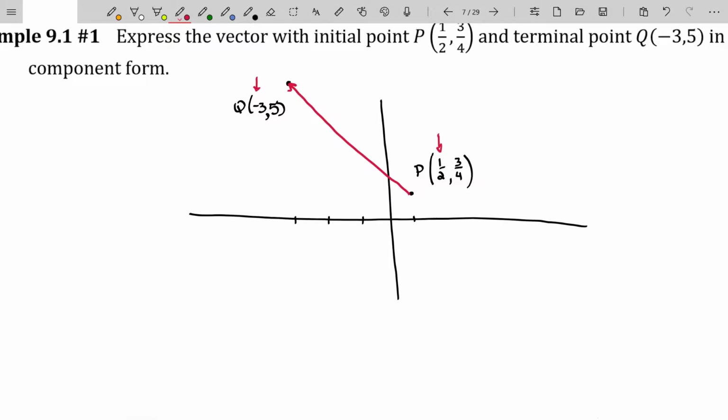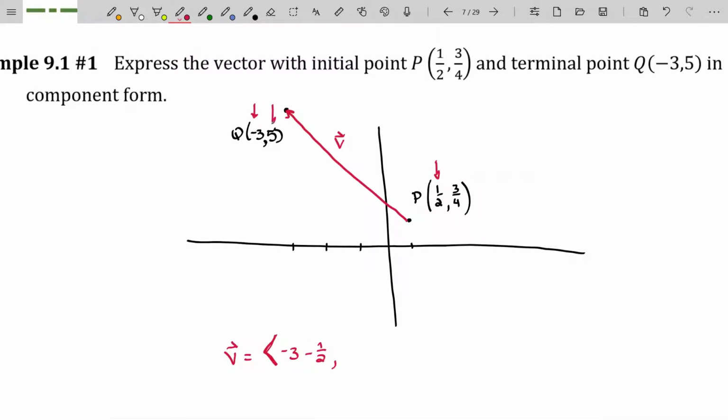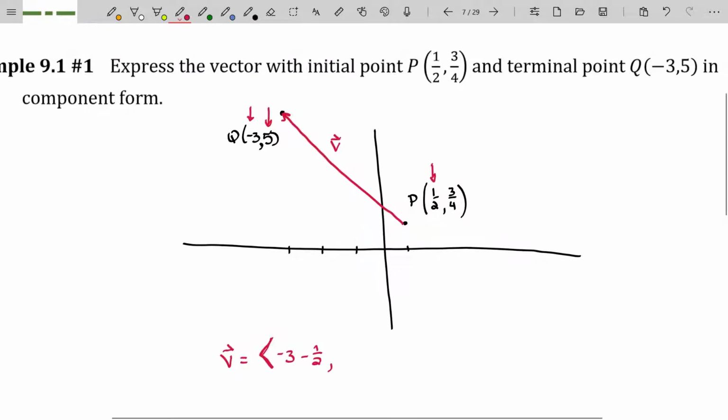That's what the first coordinate of this vector, which I'll call v here, is equal to. Notice it's not a parenthesis, nor is it a bracket. It's like a sideways v, or a v bracket if you want to call it that. The first coordinate is going to be -3 minus 1/2. So where it ends minus where it begins. And then the second coordinate, you'll again take where it ends minus where it began.